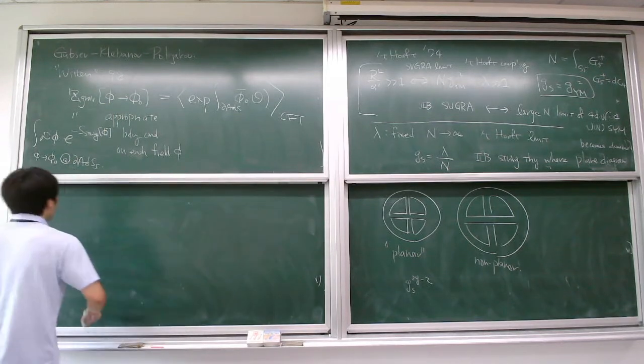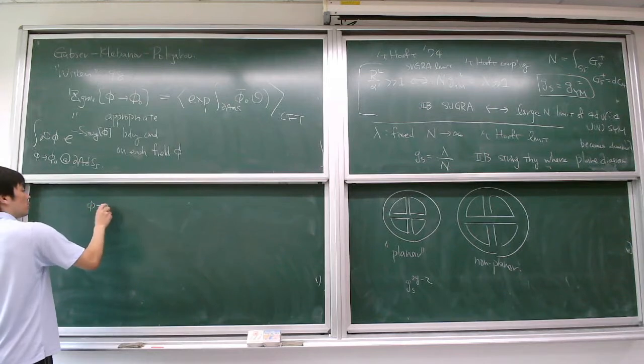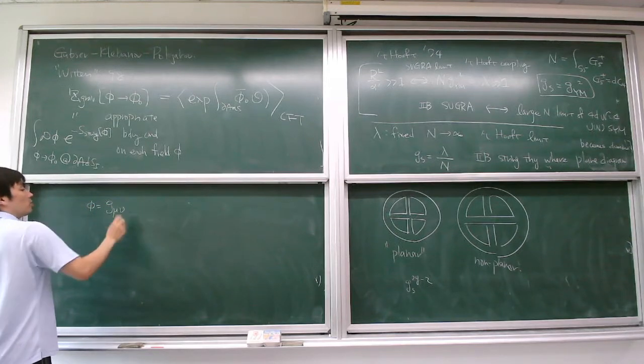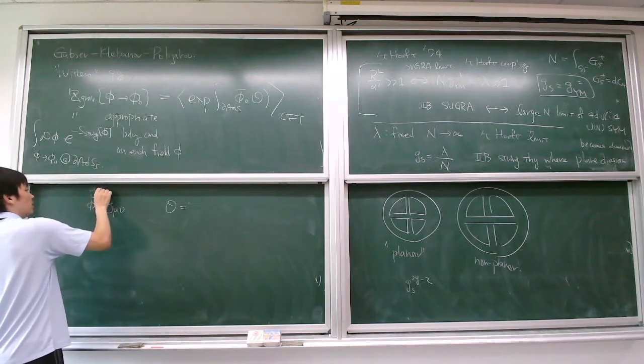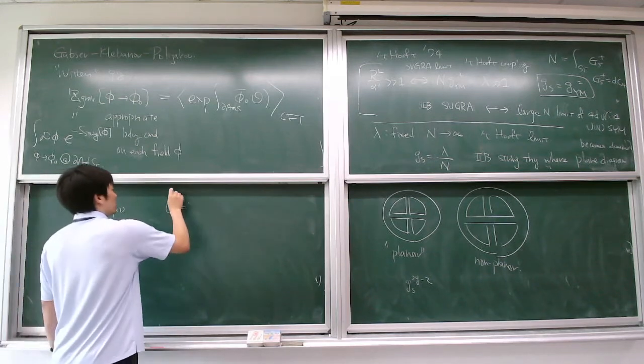If phi is a metric, g mu nu, that is the operator in gravity. So this is the gravity side, and this is the CFT side.